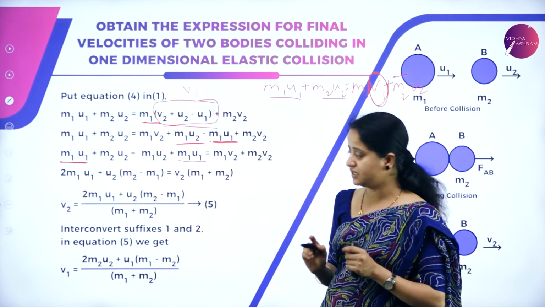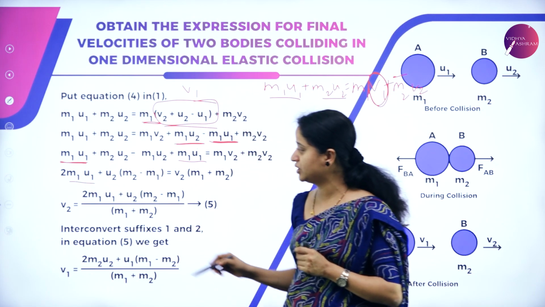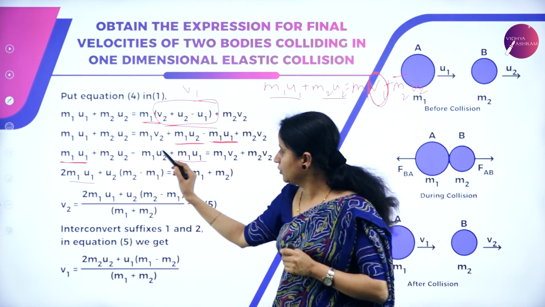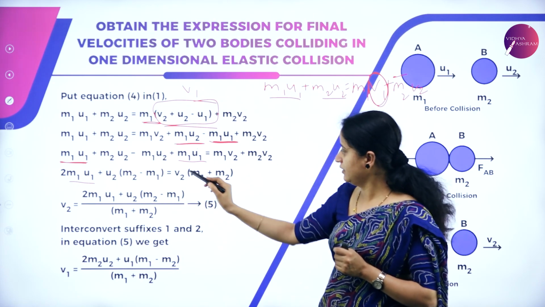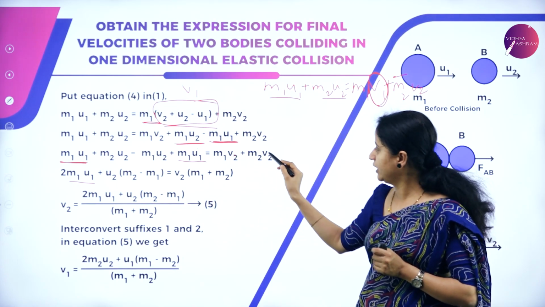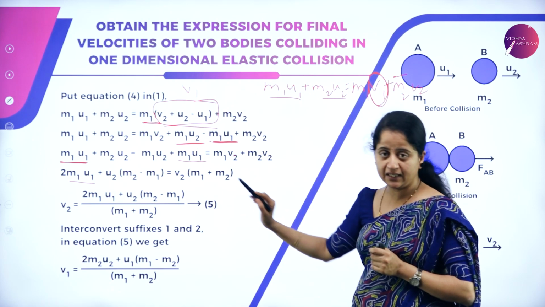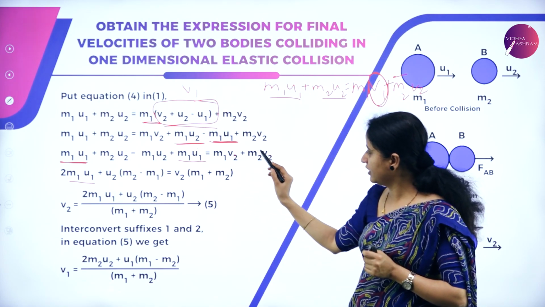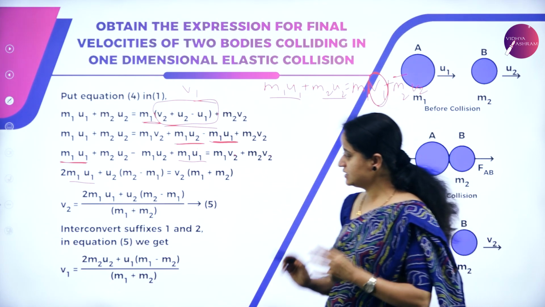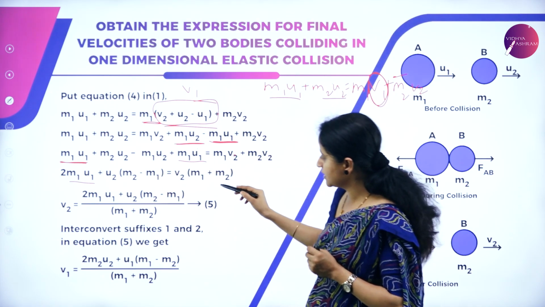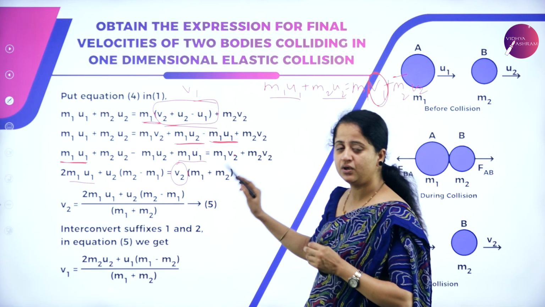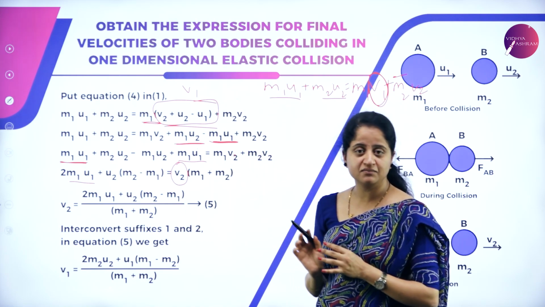So we are adding these two and you can write it as 2m1 u1 plus, taking u2 common in these two terms, u2 into (m2 minus m1), which is equal to, take v2 common in these two terms, taking it out, we can write it as (m1 plus m2). Since we are deriving an expression for final velocities, from this expression we have to retain v2 and bring all the other terms to one side.